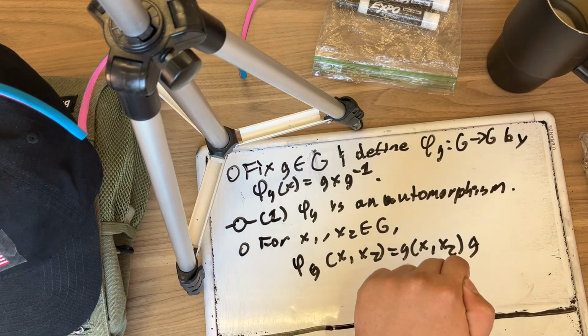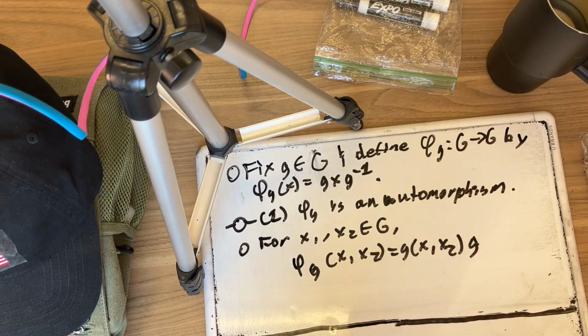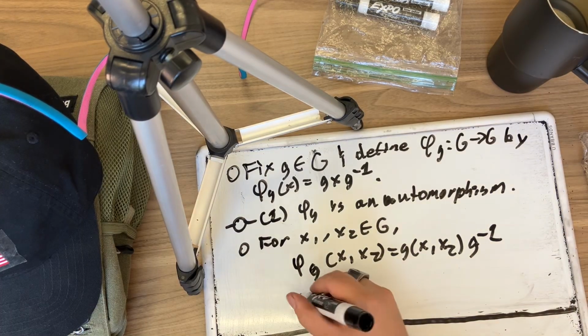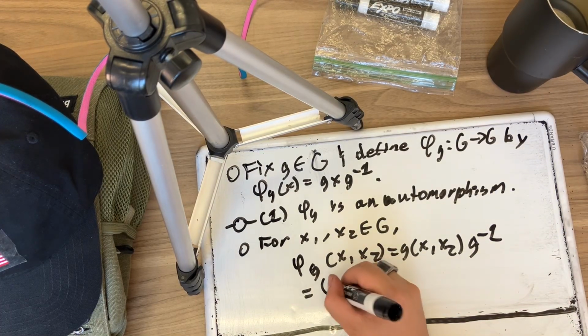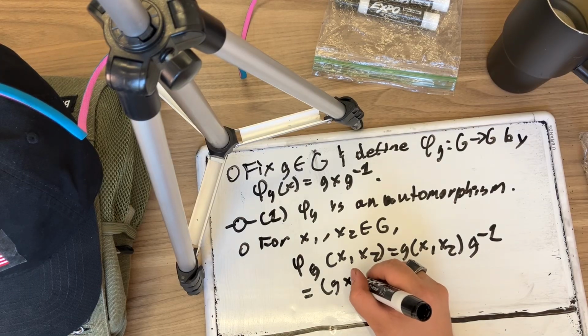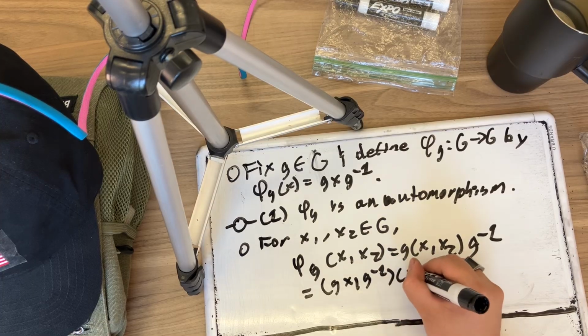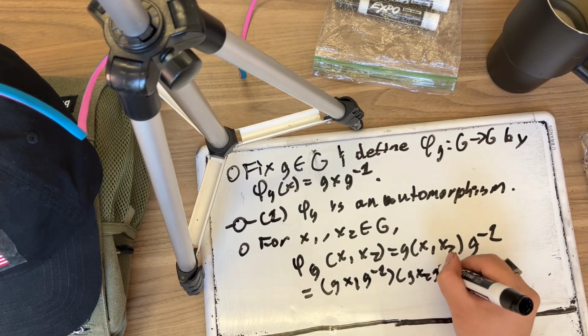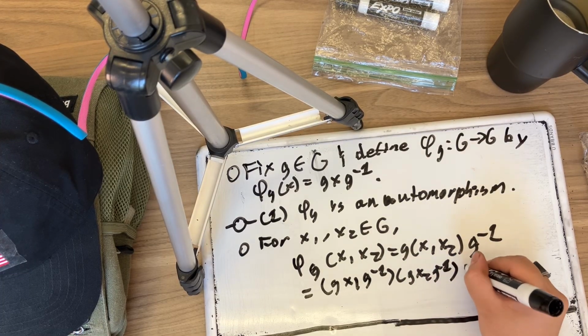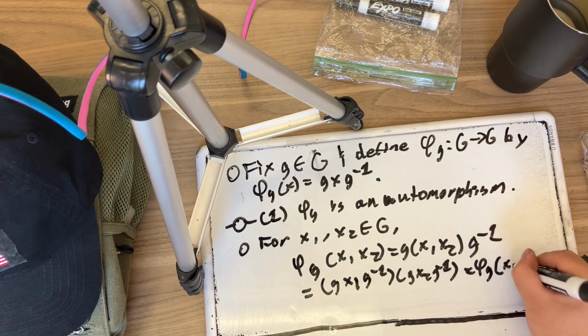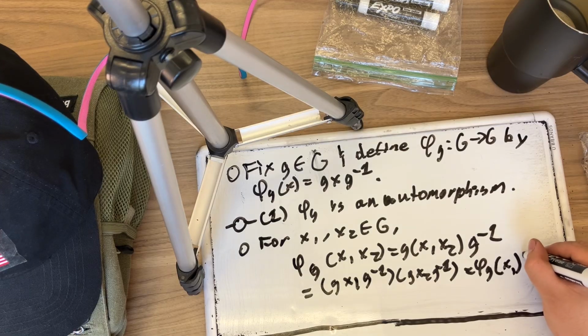So g, open parentheses, x sub 1 x sub 2, close parentheses, g to the negative 1. That's what that's equal to, which is equal to open parentheses g x sub 1 g to the negative 1, close parentheses, open parentheses g x sub 2 g to the negative 1, close parentheses, which is equal to phi sub g of x sub 1 and then phi sub g of x sub 2, okay?